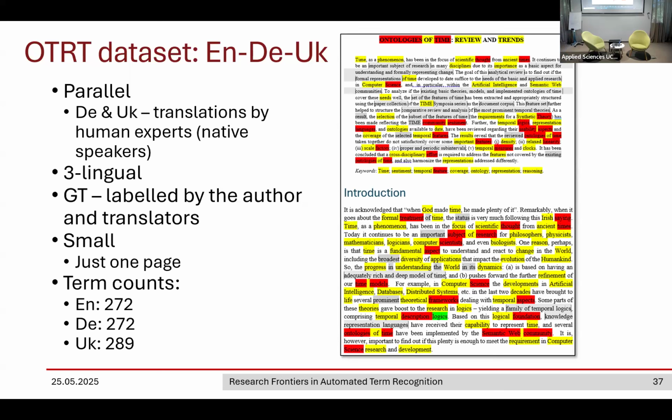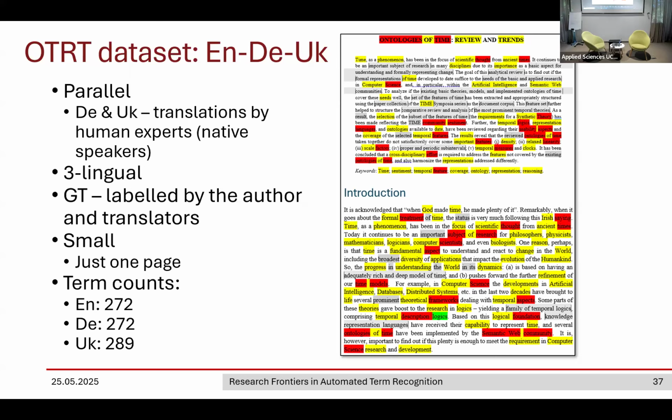The title of this paper is Ontology of Time, Review and Trends. It's a research paper, a survey paper, in fact, written about 10 plus years ago. We have the authors of this paper in the team developing Extractomat. The original English term markup in the paper has been done by one of the authors, a person who is knowledgeable about what he has written.